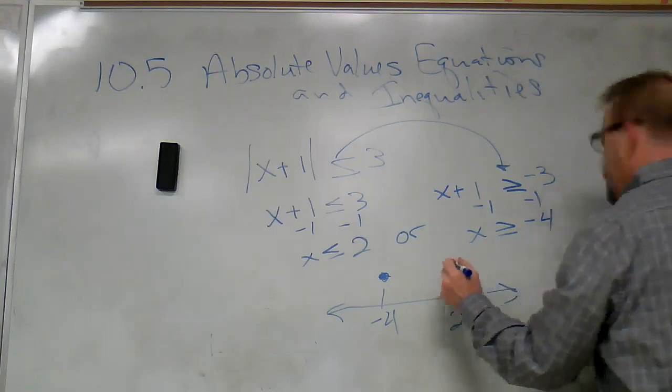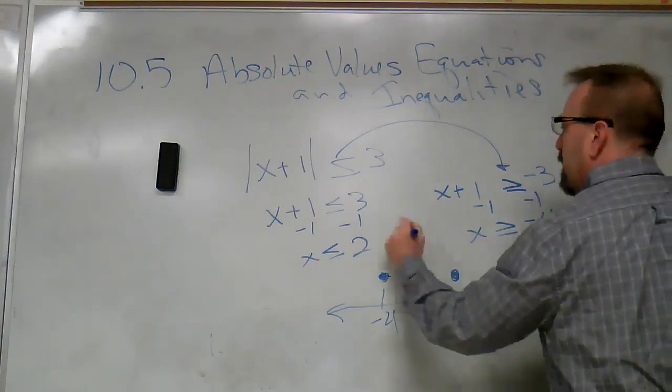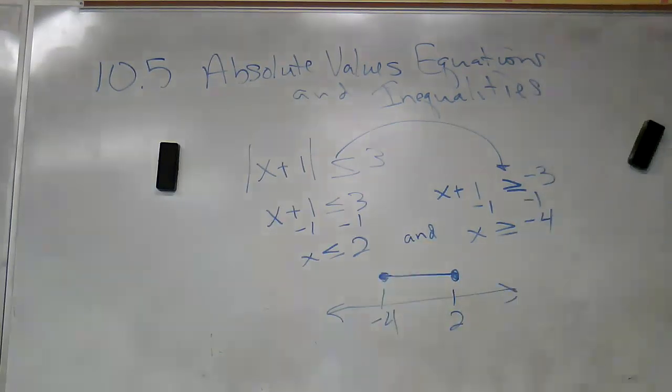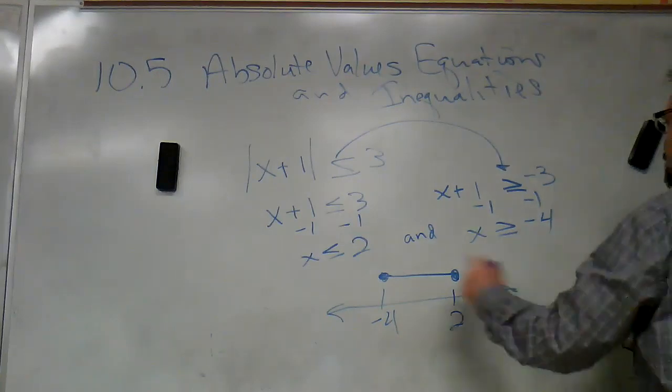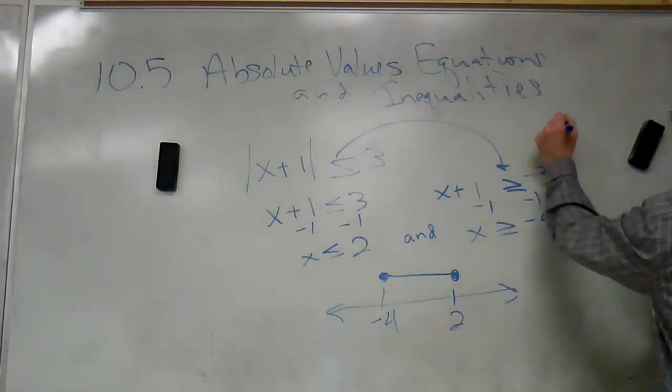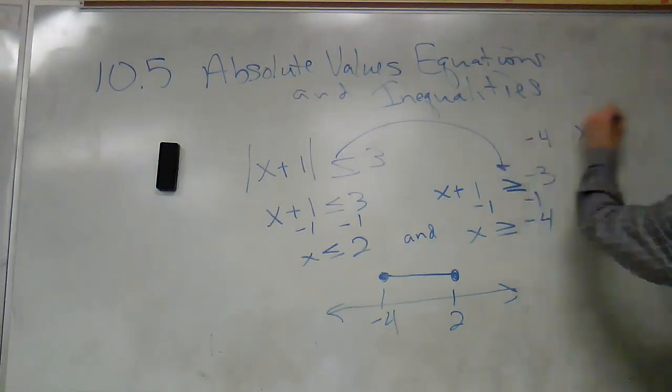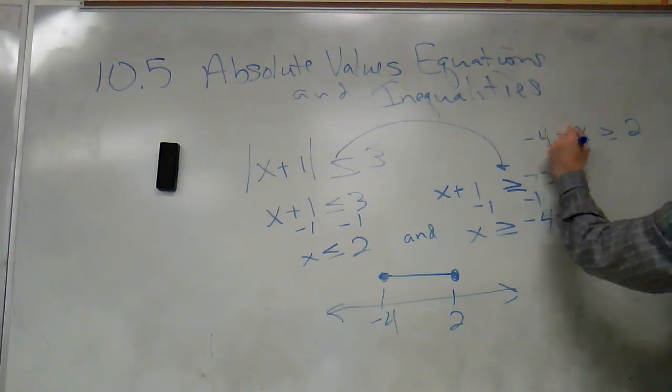I was wrong, it's not "or," it's an "and." So it's the part in between. Okay, so since it's "and," it's in between, and we could then write it as, we could combine that, X in the middle, -4, 2, it's going around each part. I did that wrong.